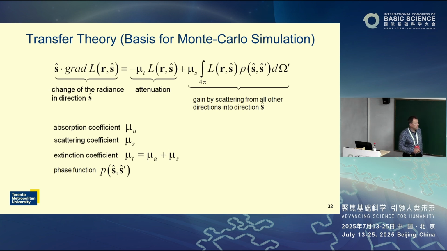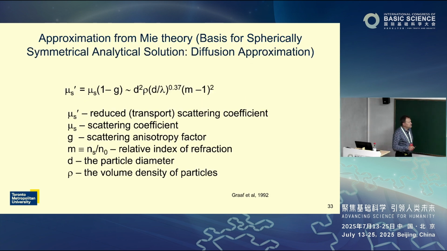And the equation operates with the coefficients we just discussed: absorption coefficient, scattering coefficient, extinction coefficient, or transport coefficient, or attenuation coefficient, which is the superposition of absorption and scattering coefficients, and the phase function. And the phase function is approximated by the g factor through the Henyey-Greenstein function. That's probably the last to mention.